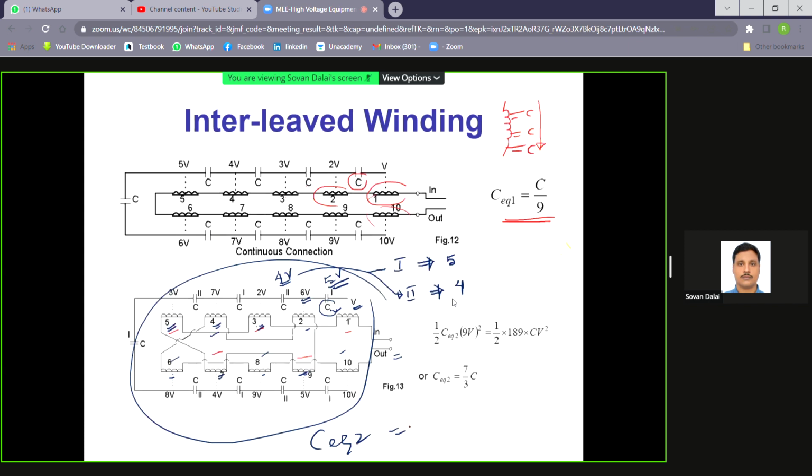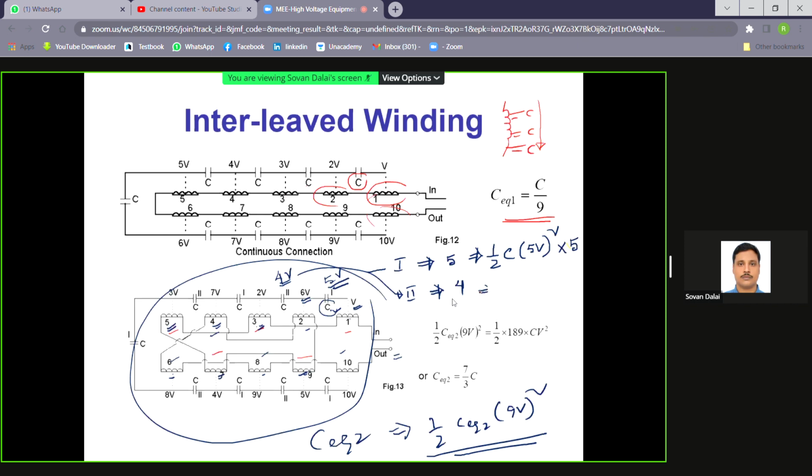So what is the equivalent energy? That equivalent energy is half C equivalent 2 into (10V minus V), that is 9V square. So this is the energy of the equivalent capacitance. Now you have to find out the energy of the first set of capacitances, that is half into C. They are subjected to 5 volts, so half C 5V square, and the total number of capacitances is 5.